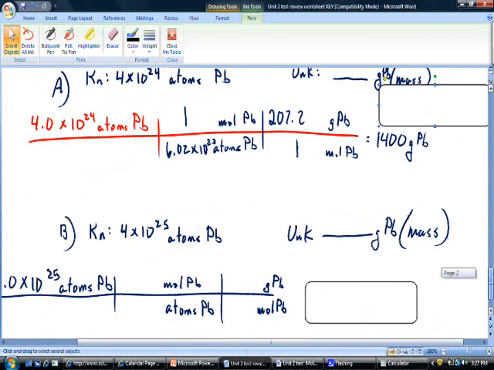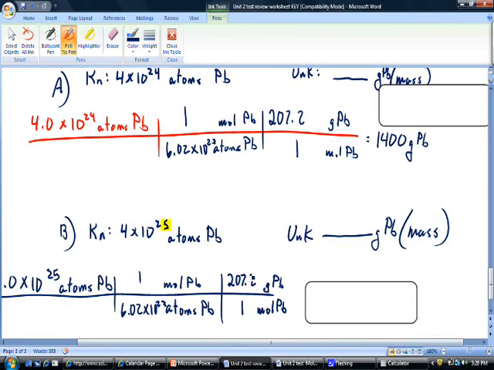Now, if we just make one change in that coefficient, one change right here, change that to a 5, how much difference does that make in the mass? Well, let's put in our numbers here. And here. So we've got these 2 problems set up the same.